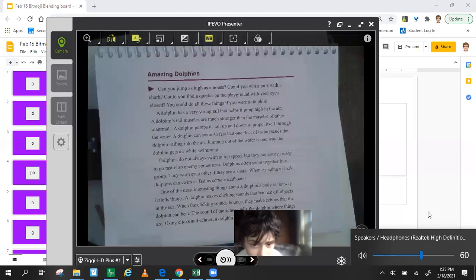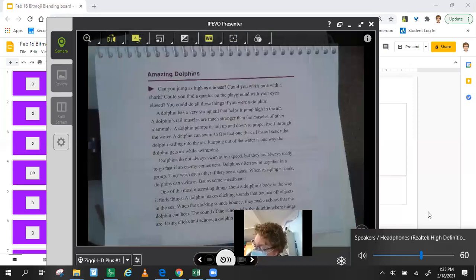Can you jump as high as a dolphin? Could you swim a race with a shark? Could you find quarters on the playground with your eyes closed? Could you do the things you want? A dolphin has a strong tail.